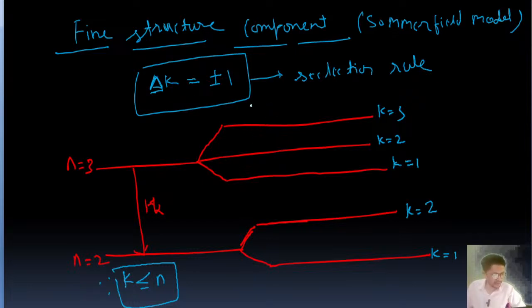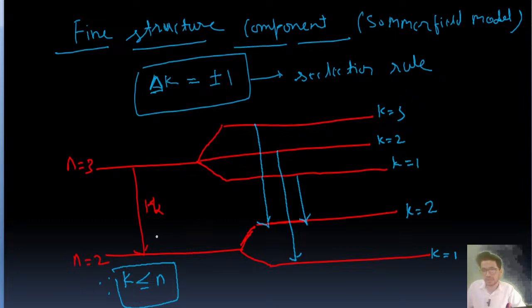So it means the transition will be 3 to 2, and 2 to 1, and 1 to 2. Okay, so there would be three components. So these are three fine lines.